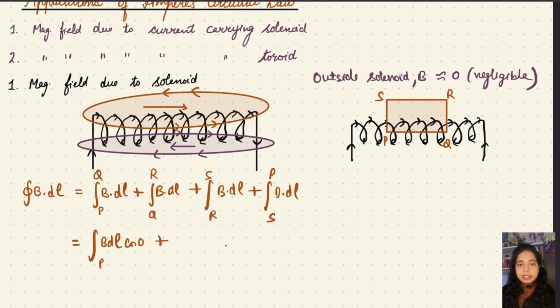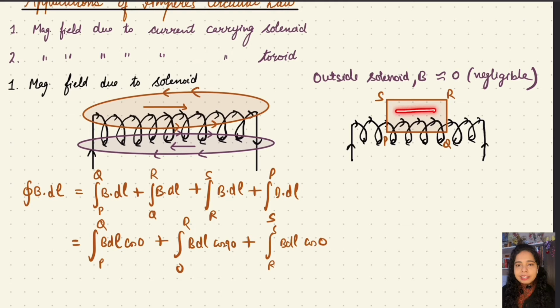Plus integral Q to R B dl cos 90, because Q to R is perpendicular to the magnetic field, therefore the angle between the magnetic field and Q to R is 90 degree, therefore cos 90. Plus integral R to S B dl cos 0.